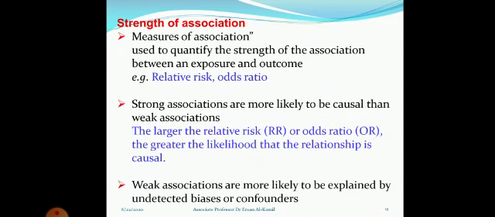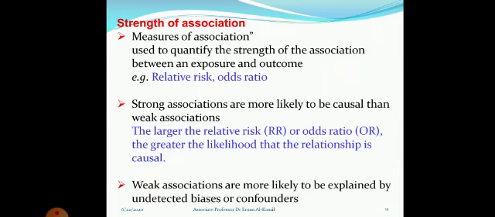So the strength of association is the measure used to quantify the association between the exposure and the outcome, by the relative risk and by the odds ratio. The odds ratio is equivalent to the relative risk, and we are going to discuss it in the case control study. Strong associations are more likely to be causal than weak associations.